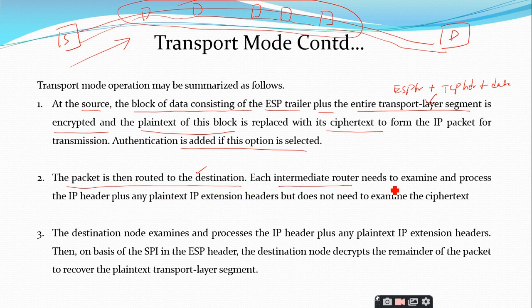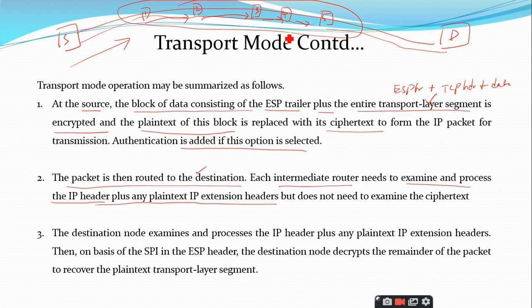Each intermediate router needs to examine and process the IP header plus any plaintext IP extension headers. So, during the transmission, as I told, it is going to transmit through different routers like this 1, 2, 3, 4, 5. Each and every router will open the packet and check what is the next routing address, and it will be transmitted like this. And again it will open, check the next hop, and transmit like this.